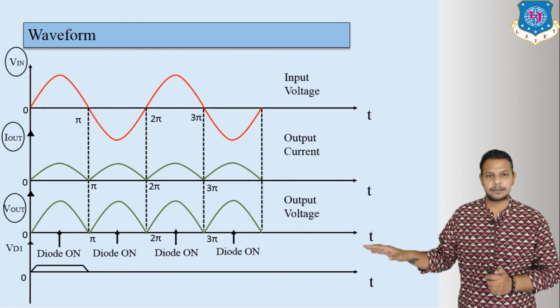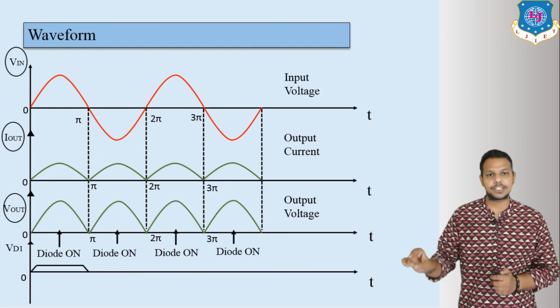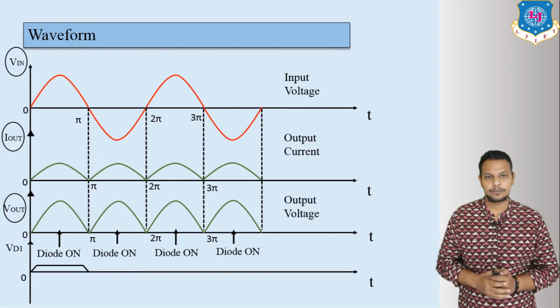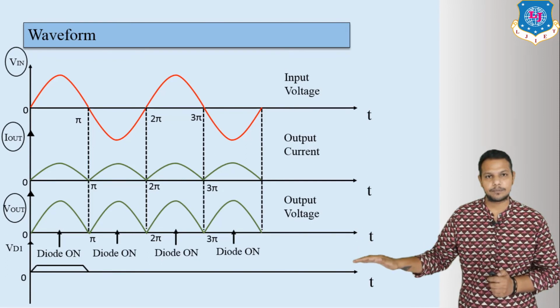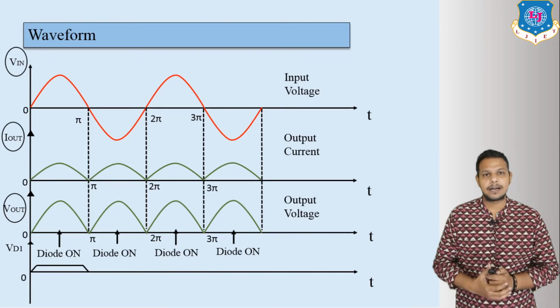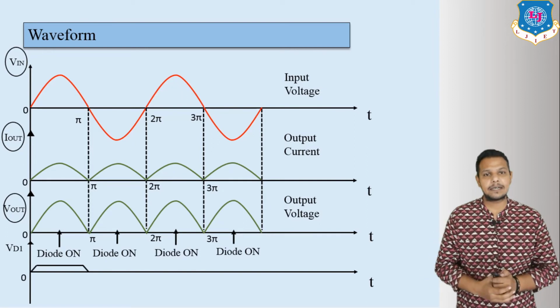This indicates that if the diode is on, at that time you will get 0.7 volts across this diode. So this indicates it is 0.7 volts. If there is a negative half cycle, that means you will get the same as the input waveform like this.